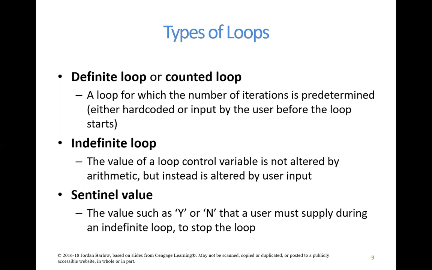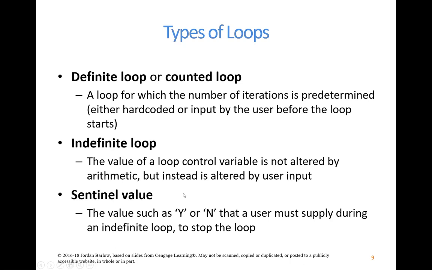So the value of the loop control variable was determined by the user input. The user said 3 time periods or 2 time periods, and that is what controlled the loop. Now, if you just hard-coded in a number for your control variable, so while count is less than 5, you put a specific number in there, that's a definite loop. An indefinite one is one that is controlled by user input.